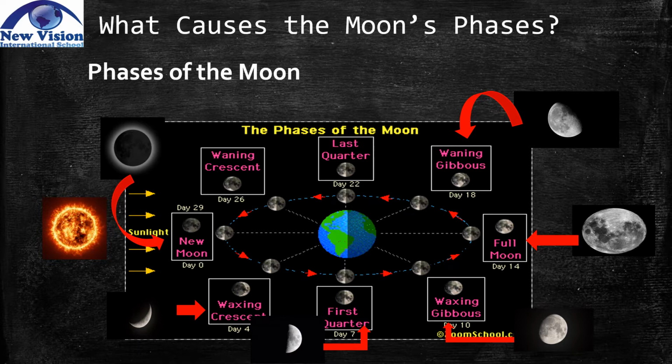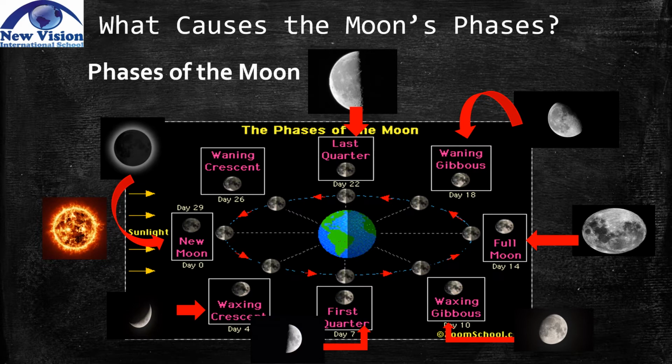Last quarter or third quarter moon, the phase of the moon at which the moon as viewed from Earth appears to be half illuminated by the sun on its easternmost side.